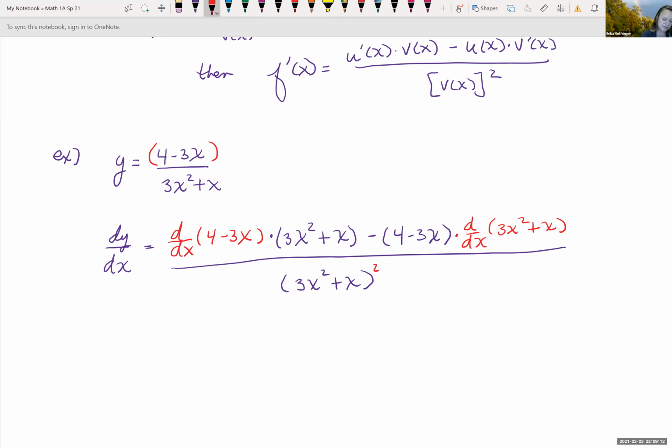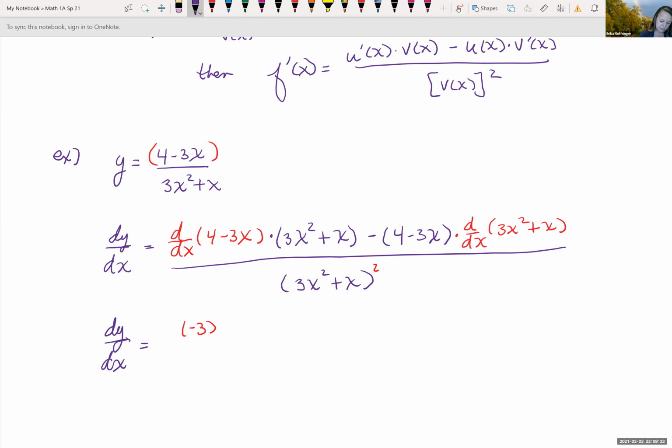So now go through and take the derivative. So we have dy dx is equal to the derivative of 4 minus 3x. Derivative of 4 is 0. Derivative of negative 3x is negative 3.